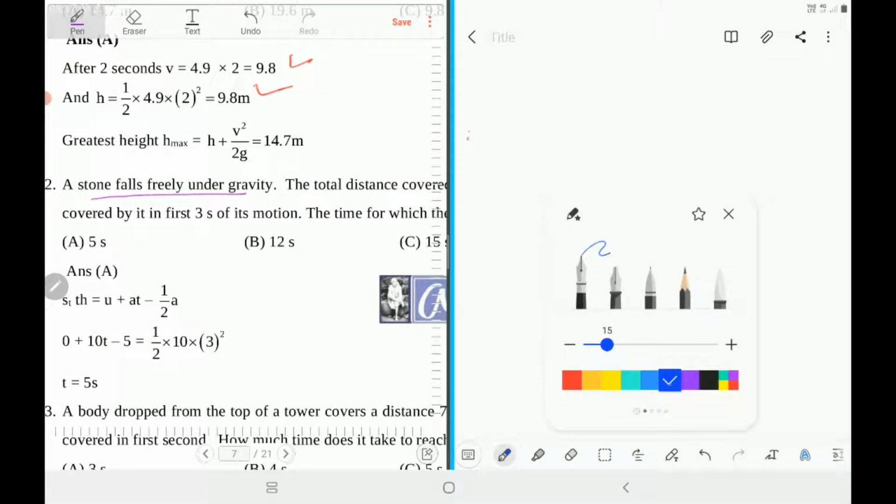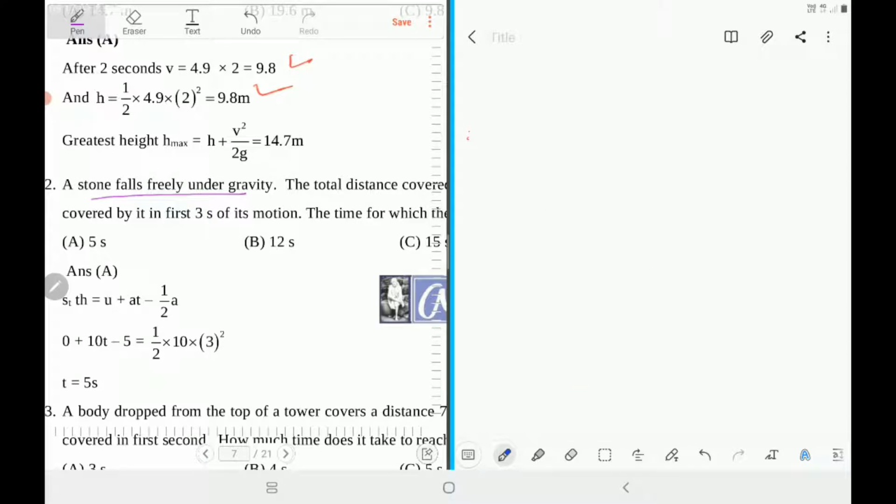Free fall. What is the meaning of free fall? Free fall means here you take initial velocity 0. It's been dropped from a certain level. It's been dropped from here. This is the highest point. It falls freely and reaches the ground. So you take initial velocity 0 and the acceleration due to gravitational force of the earth. Take g.